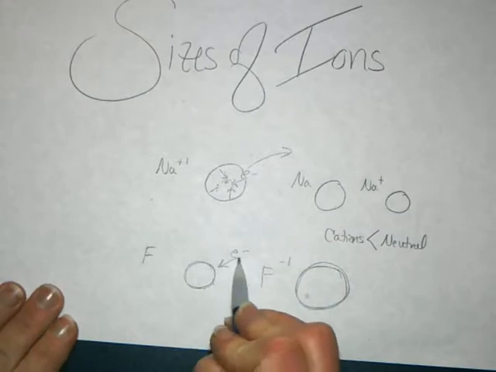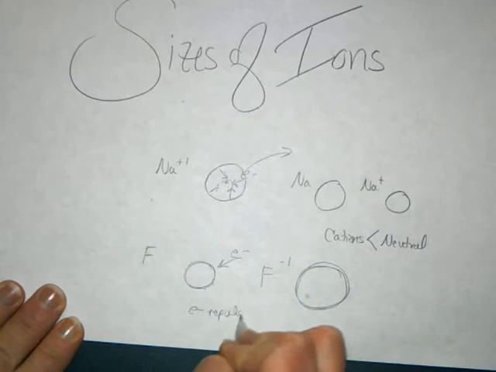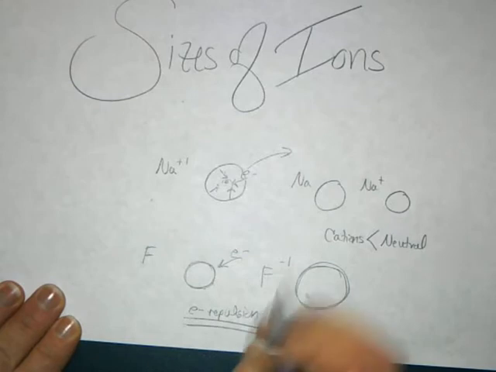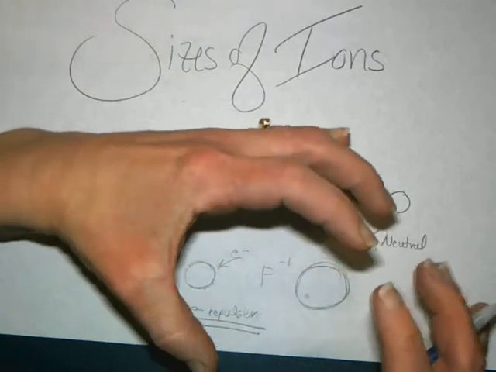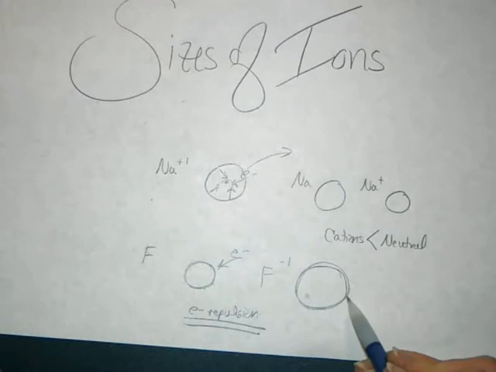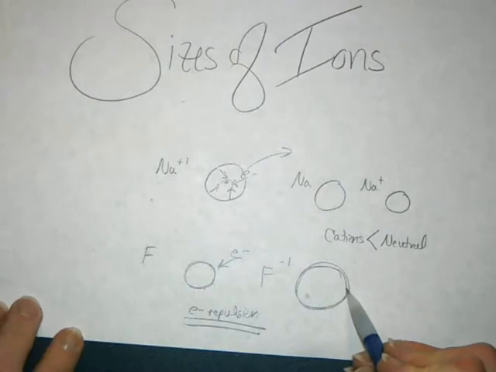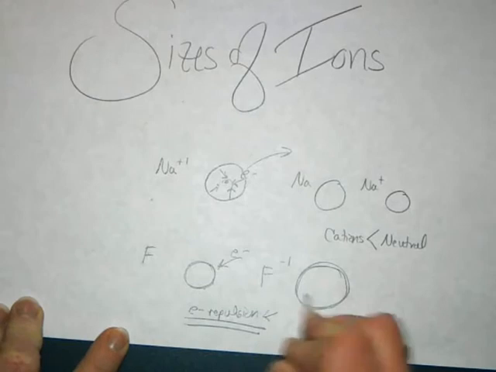We are adding another, and electron repulsion is heightened. To minimize the repulsion that is caused by adding an extra electron, the entire electron cloud expands to accommodate and lower the energy that is raised when we add an electron. So to minimize this repulsion, anions are always larger.